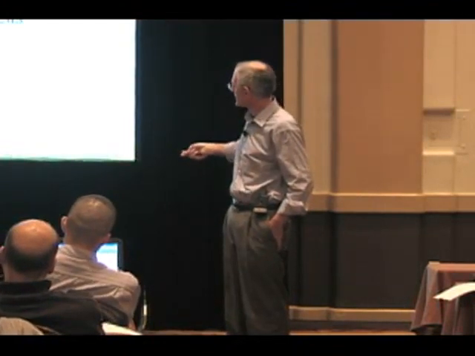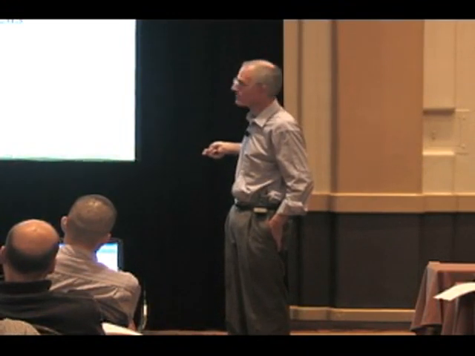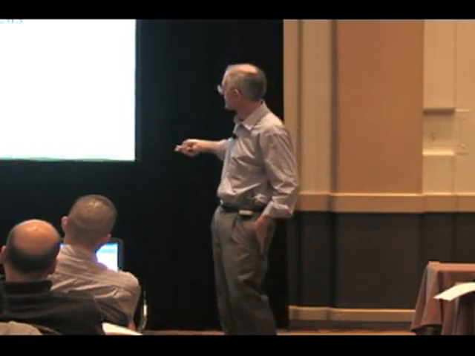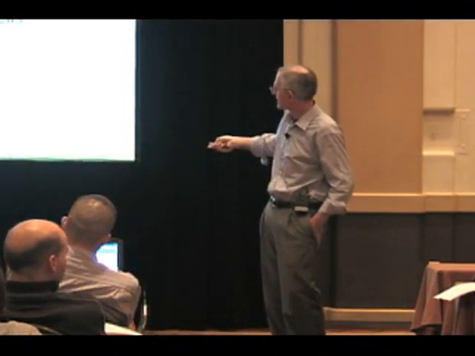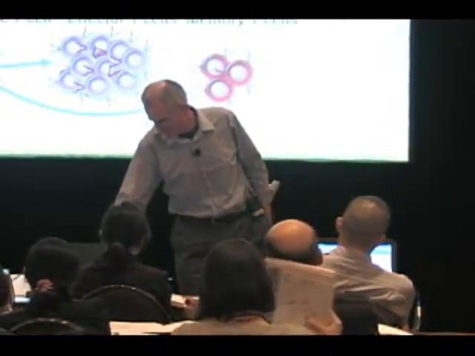But it may be that there's a separate pathway for the memory cell differentiation that never intersects with or is directly a descendant from these effector cells. And so with that attempt to end before dinner is over, I'm going to stop.